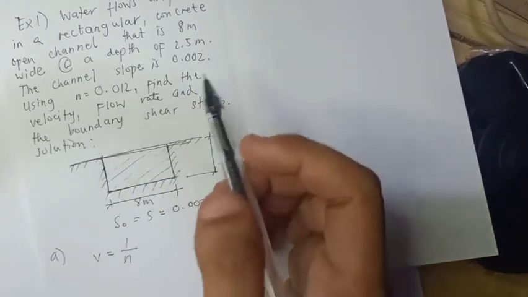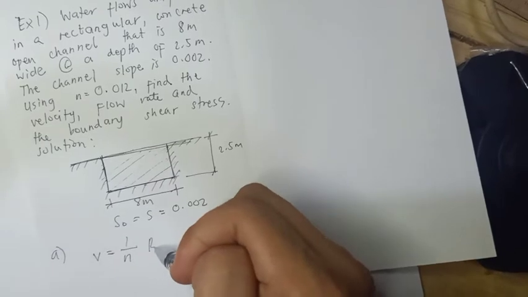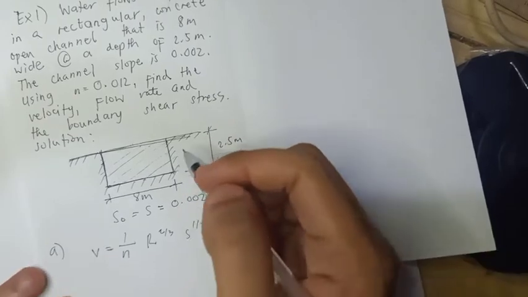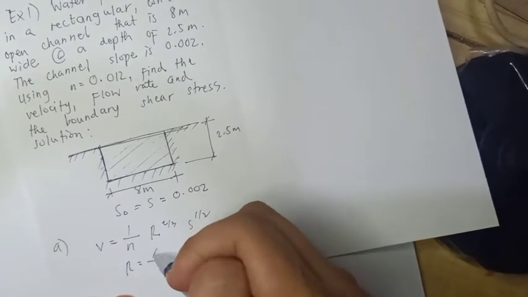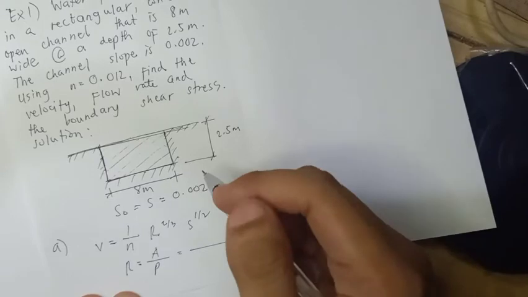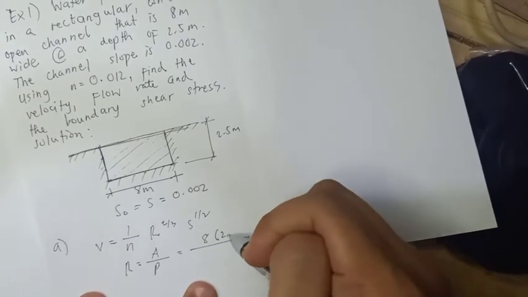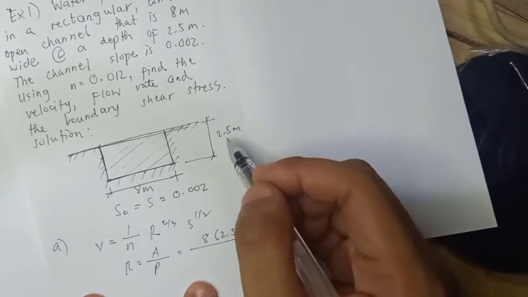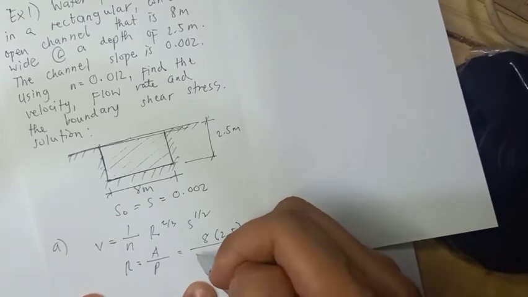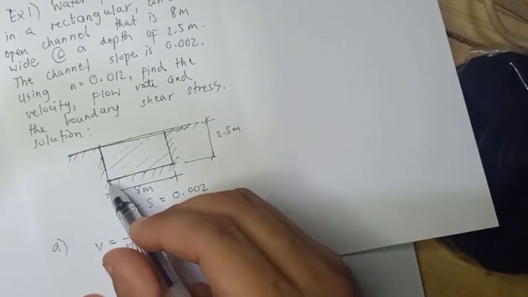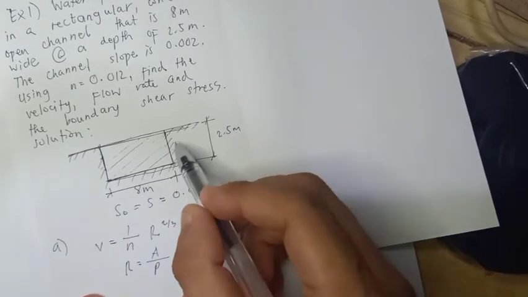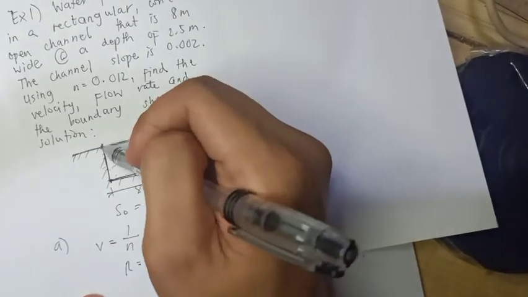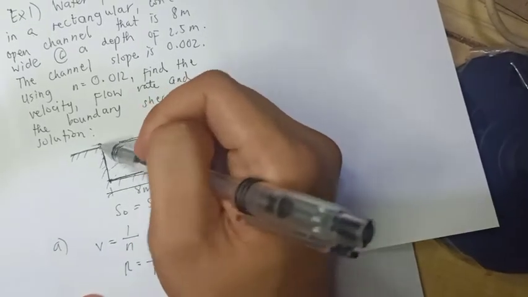When there is n, it's Manning, because of the roughness coefficient: R to the power of 2/3 times S to the power of 1/2, wherein R is A over P. And what is the area? So, 8 times 2.5, length times the depth. The perimeter is just this, just one, with two here. So it would look like it's closed, but it is actually open.